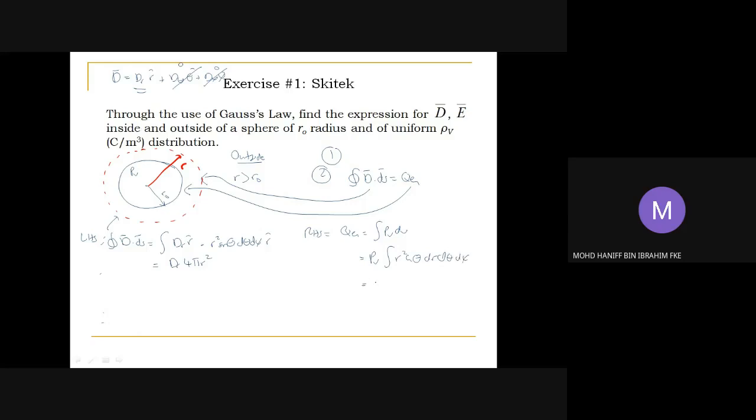You have to be very careful in the selection of the radius R. If we proceed with the integrations, we have the integral of R squared dr, the integral of sine theta d theta, and the integral of d phi, because we are dealing with a closed structure. It is good if we can identify the location of your enclosed charge here.